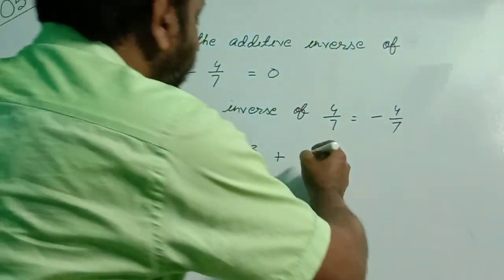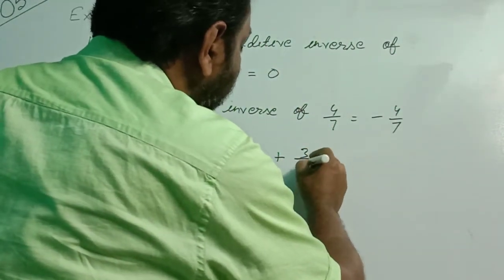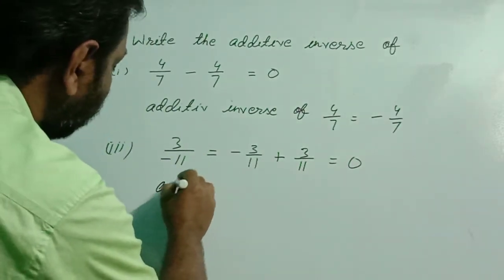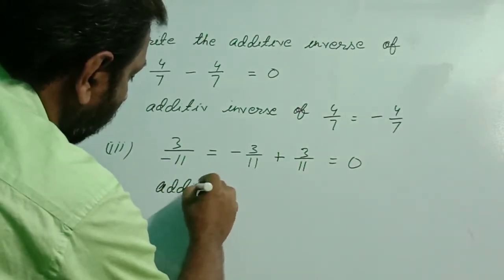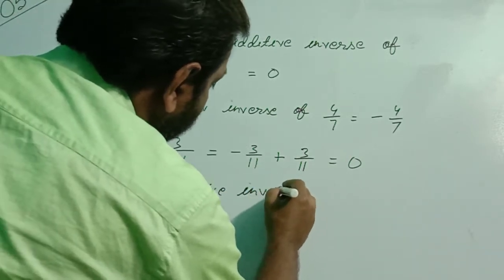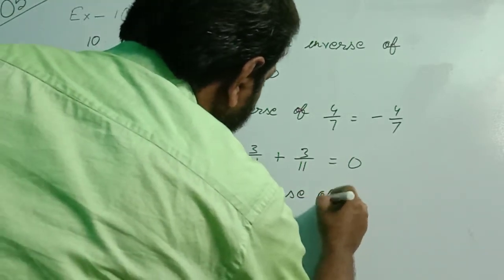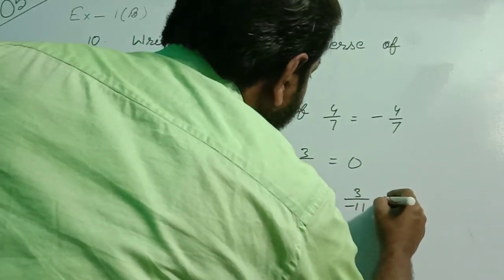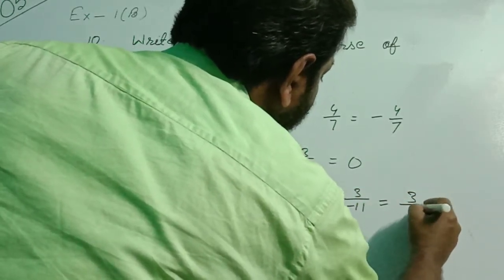You will add here 3 by 11, then it will give you 0. So additive inverse of 3 by minus 11 is equal to 3 by 11.